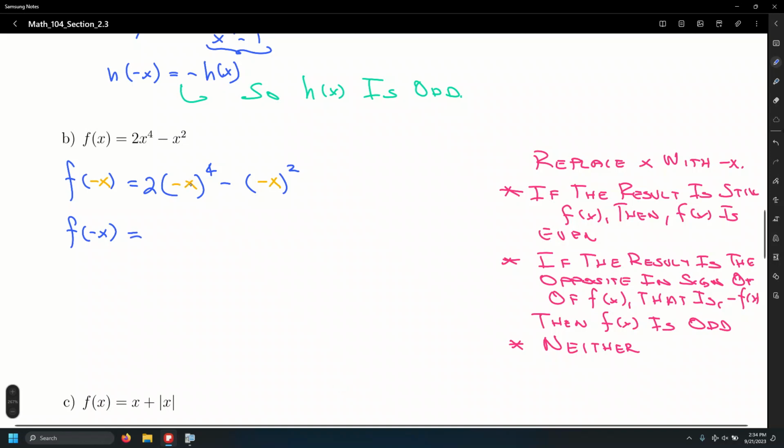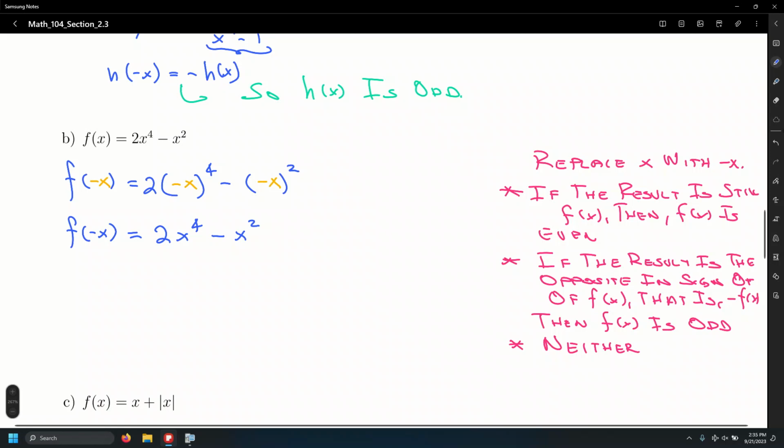So what do we get when we raise negative x to the fourth power? Positive x, so that's 2x to the fourth power, minus, careful because this minus here is not affected by the square here, and negative x to the second, that means positive x to the second, but with the negative in front, that means that's still negative. Now, that's the final answer right here of changing x with negative x.